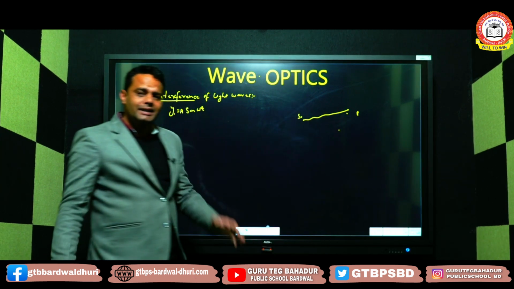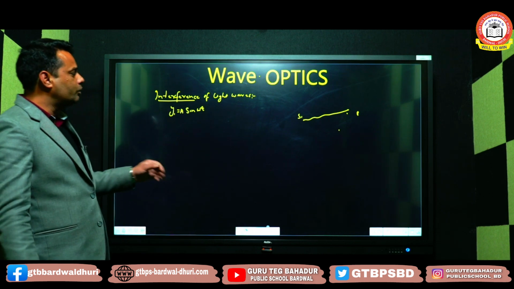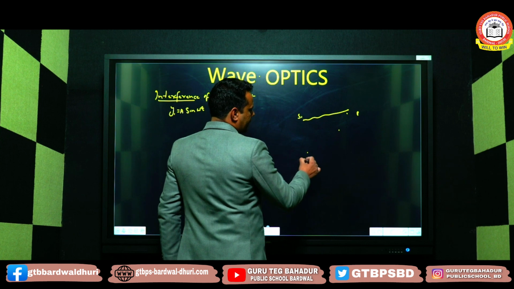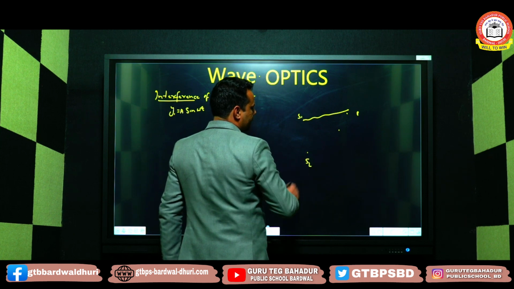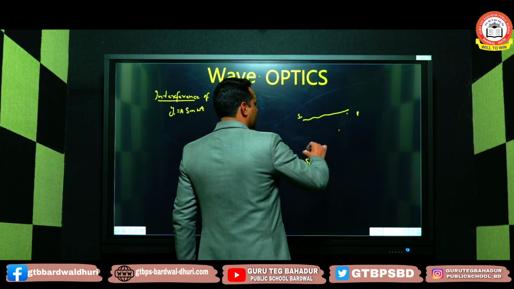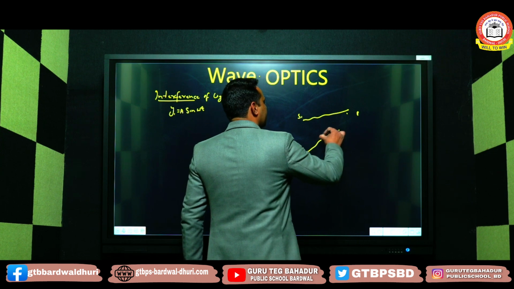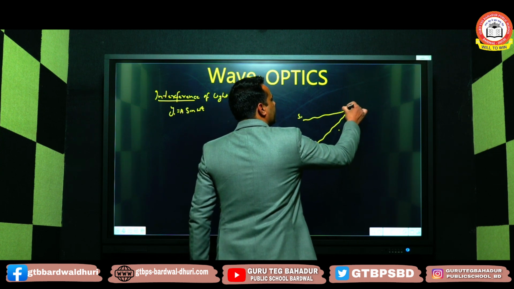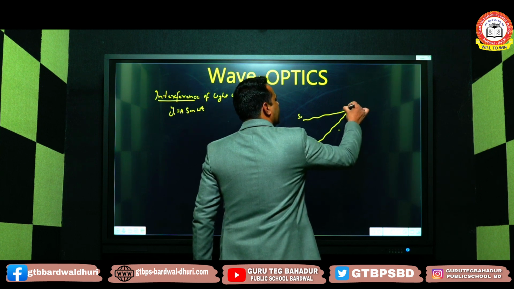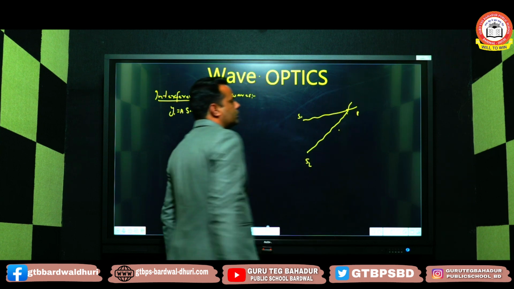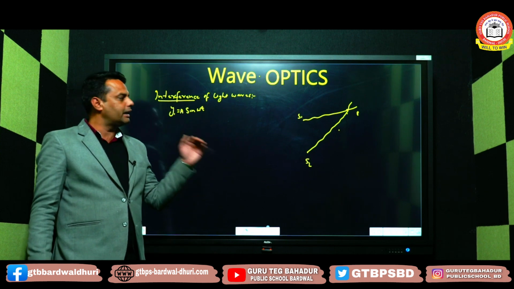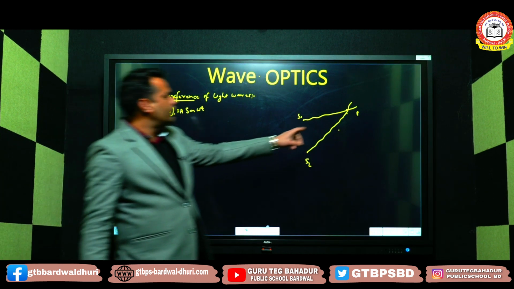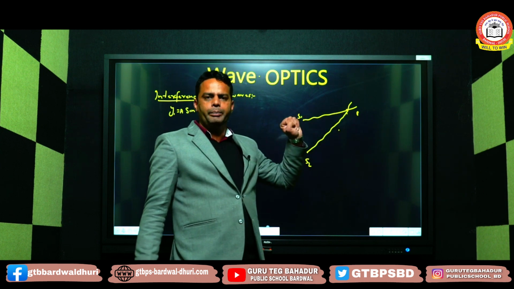Okay, and at the same time, if we turn on one more light source, say this is S2, and it is also emitting light, and this light is traveling and getting superimposed over this point, and hence the displacement of this medium, this electric field component, will be modified, and we have to find out what will be the resultant displacement at this point P.